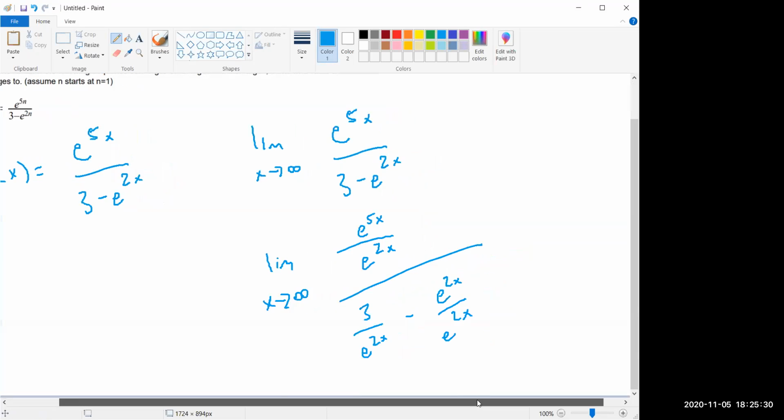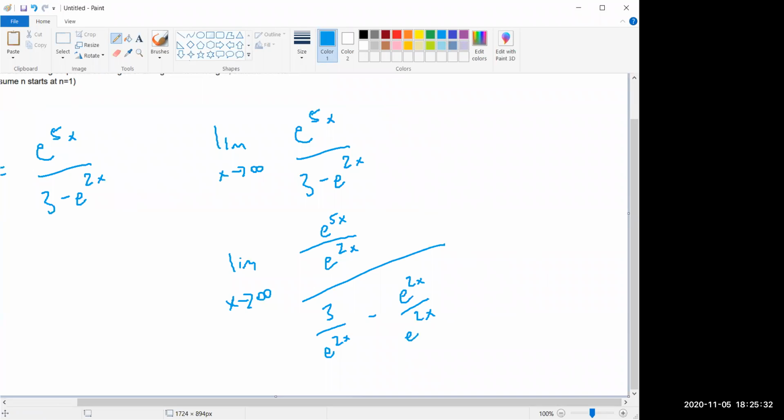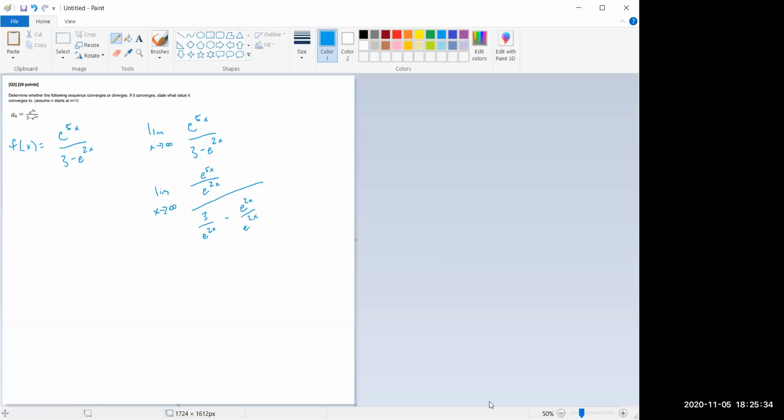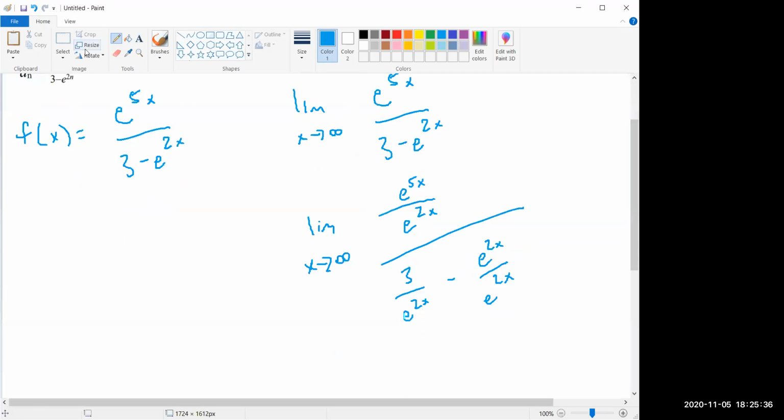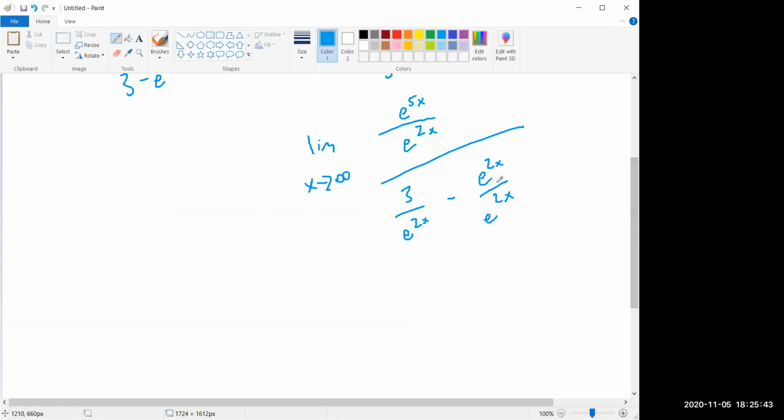So then when we simplify this, I think it's supposed to be negative e to the 2x. I'm not sure if that makes a difference. I think this is fine because if you leave it positive, then the one on the bottom right will cancel out. So this will be e to the 3x now. And then this is 3 over e to the 2x. And this is just 1. So we can take the limit now, actually.